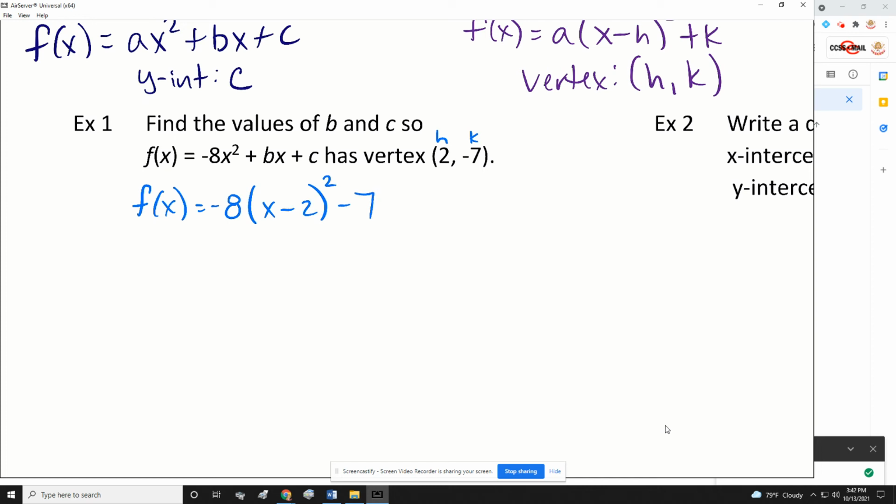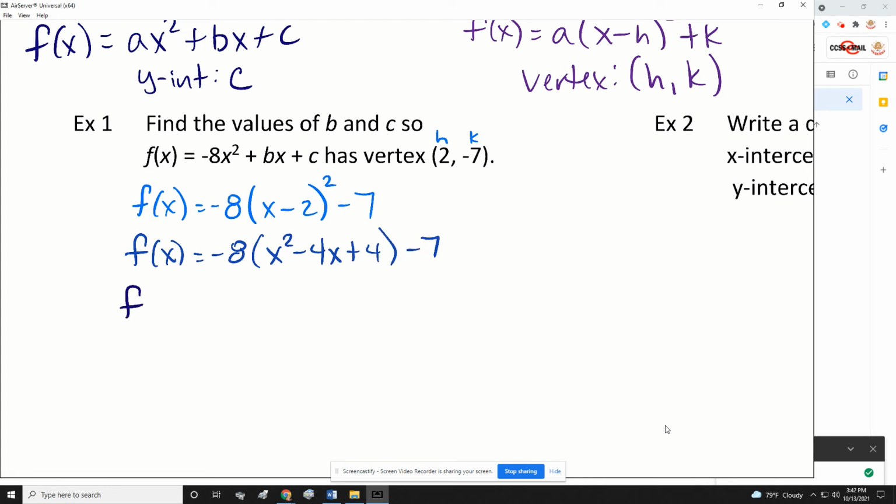Right. Now that is this equation in vertex form, but we will need to put it back into standard form so we can figure out what b and c are. So I would go ahead and square the quantity x minus 2 using the shortcut I like to use.